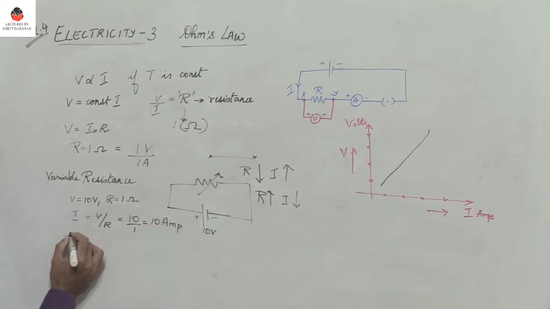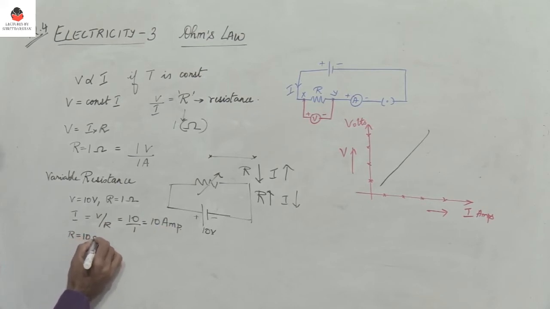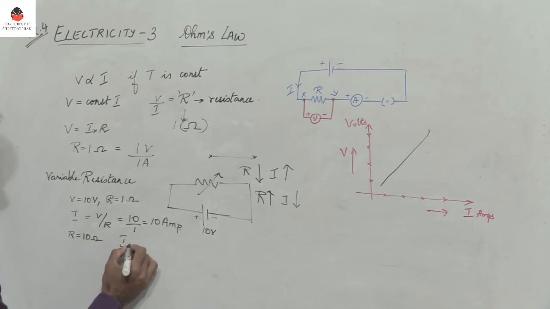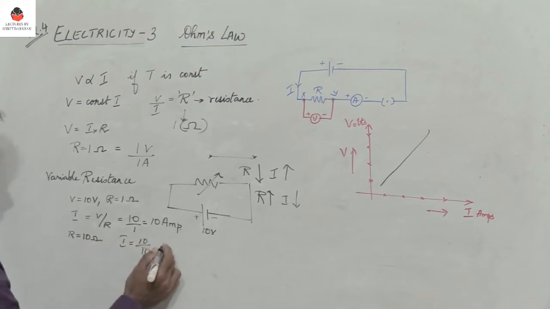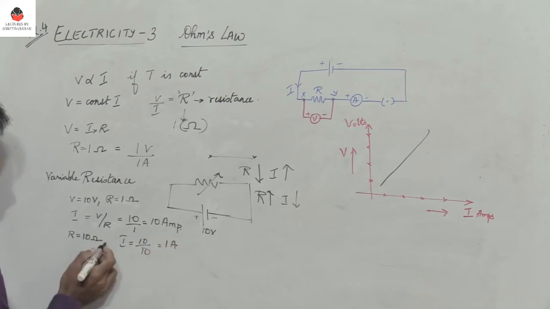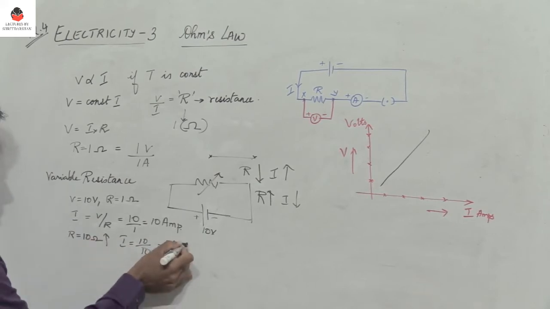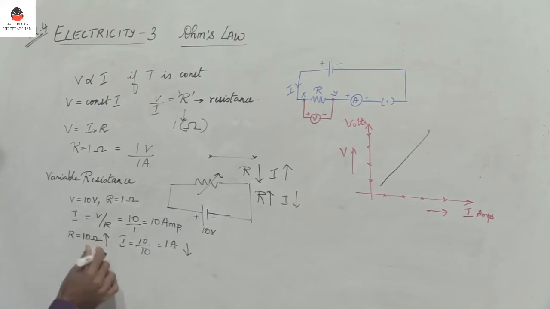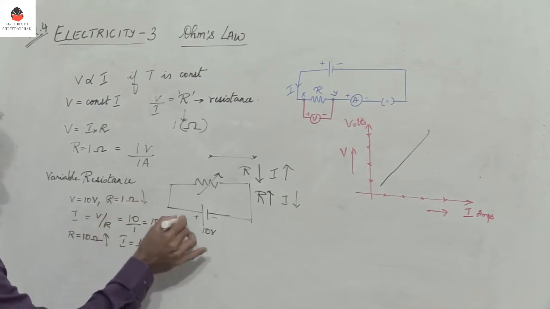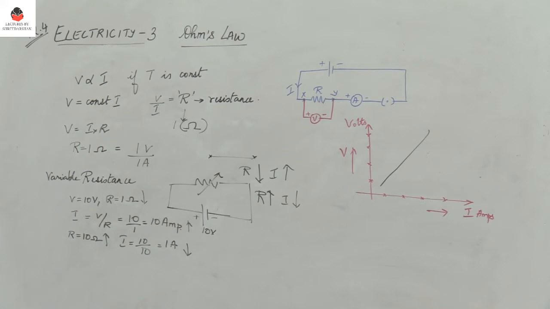But if R equals 10 ohms, so let me assume that I am increasing the resistance and it becomes 10. So therefore what is I? I is 10 by 10, V is 10, R is 10, I have 1 ampere. So as the resistance increases, current reduces. But as the resistance reduces, current increases. So we find that the resistance is inversely proportional to the current.